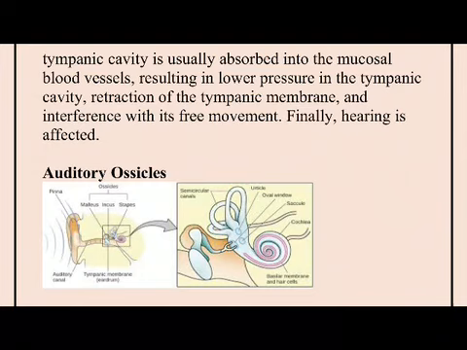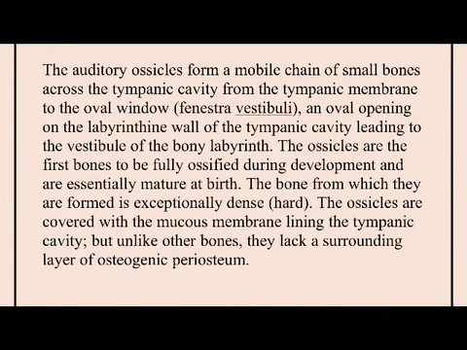The auditory ossicles form a mobile chain of small bones across the tympanic cavity from the tympanic membrane to the oval window. The oval window is also shown there. The oval window is called the fenestra vestibuli.